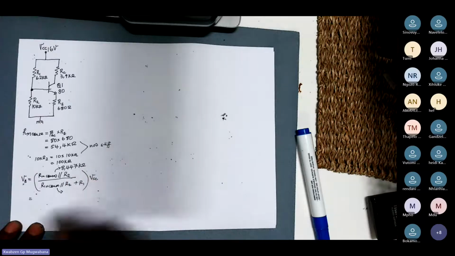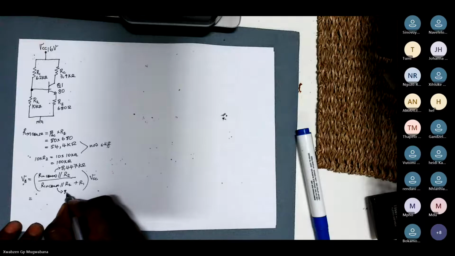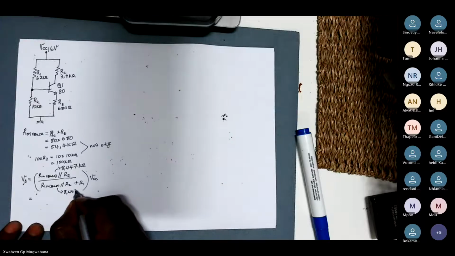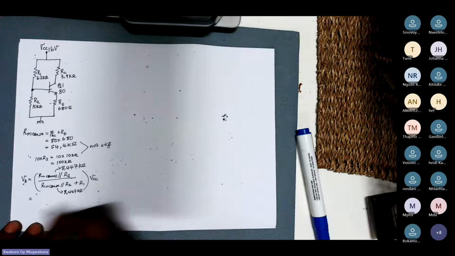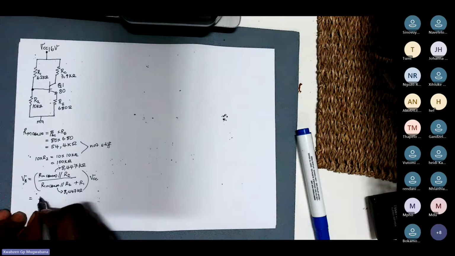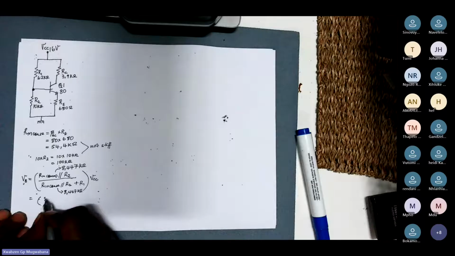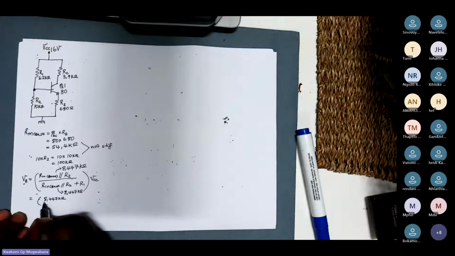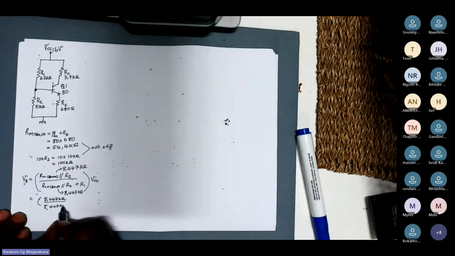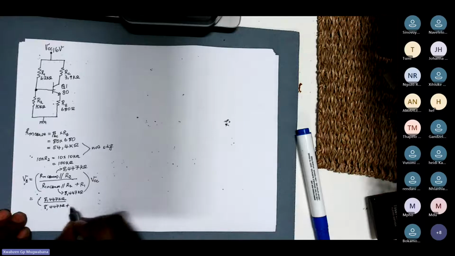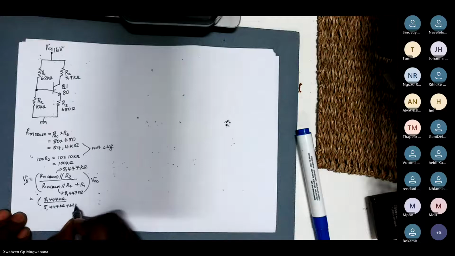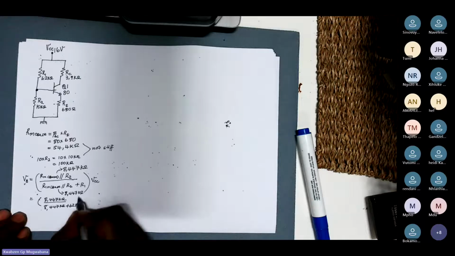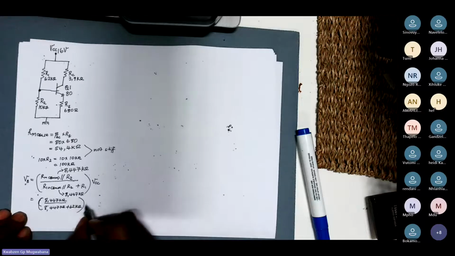Is that correct? Yes, sir. Okay. Which means it's going to be 8.447 kilo ohms divided by 8.447 kilo ohms plus 62 kilo ohms. All of these multiplied by what?